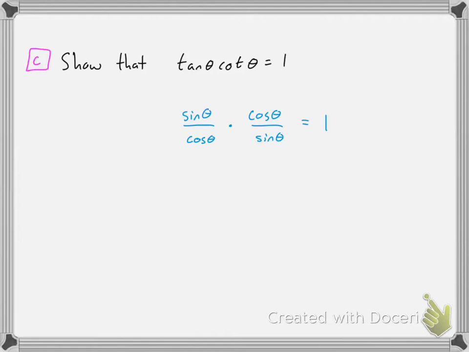Now from here, what we went over in the last chapter is when I'm multiplying fractions, if I see something on the top and bottom, they're going to cancel each other out. I see there's a cosine on the top and bottom that cancel. I also see that there's a sine on the top and bottom that cancel. Everything here cancels, leaving me with 1 equals 1. And I'm done.